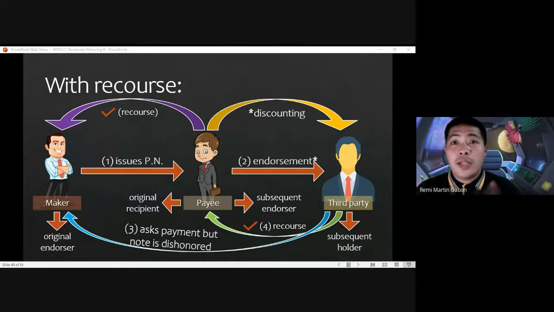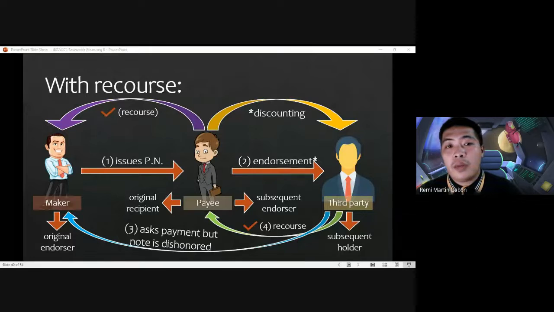Okay, so that is our with recourse agreement. I hope you understood my explanation of with recourse. Actually, the in-depth understanding of with recourse is somewhat difficult, but I decided to explain it in a very light way, the simplest, because the explanation here is technical.